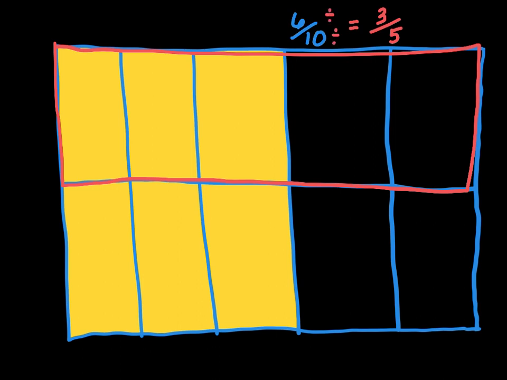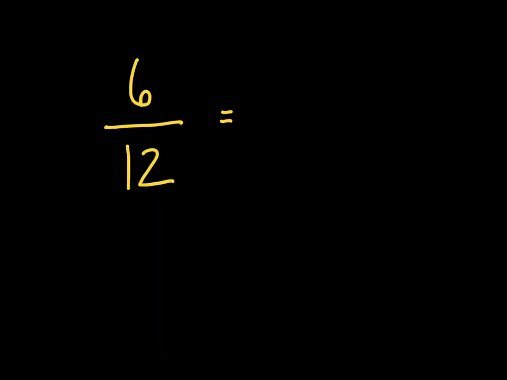Whatever I do to the top, I have to do to the bottom. Whatever I do to the bottom, I have to do to the top. And what can we use? We can divide by 2, because this is showing you 2 equal sections. So 6 divided by 2 is 3, and 10 divided by 2 is 5. So 6/10 is equivalent to 3/5.